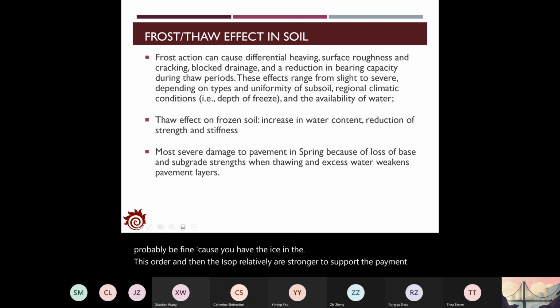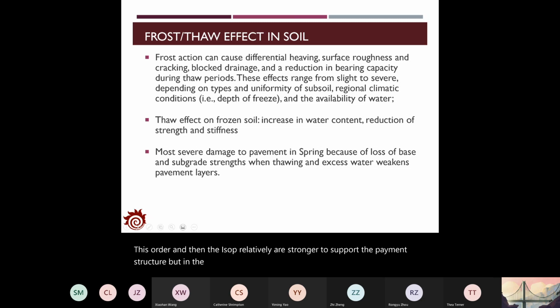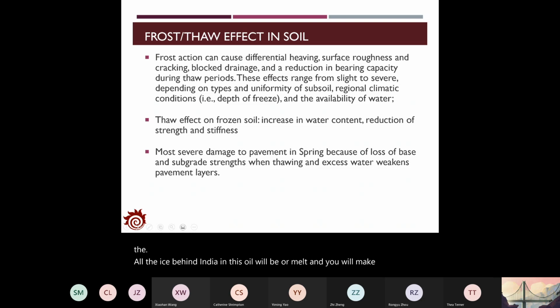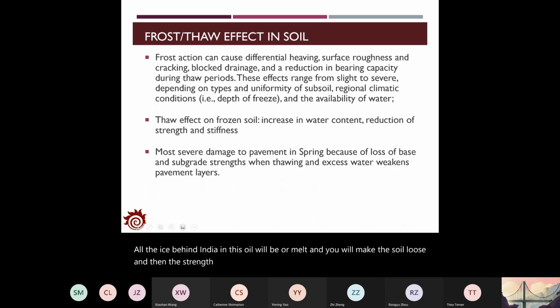But in the springtime, when the temperature increases, all the ice in the soil will melt, and it will make the soil loose, and then the strength and stiffness of the subgrade will reduce dramatically, and that will be the time you will observe the severe damage of the frost and thaw effect to the pavement structure.